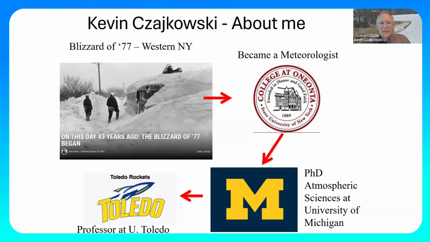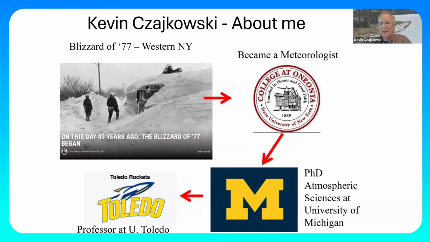Just a little bit about myself. I grew up near Buffalo, and everybody knows Buffalo is known for snow. In 1977, the Star Wars movie came out, but we also had a blizzard in Buffalo called the Blizzard of 77. We missed school for a week and I thought that was the best thing ever.